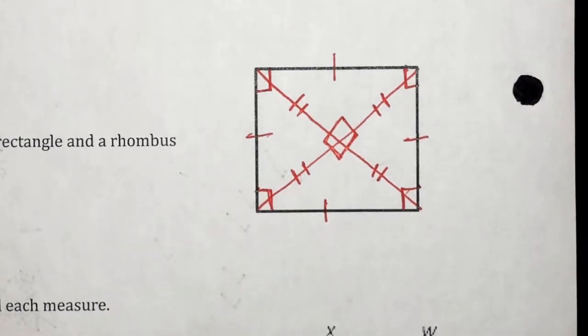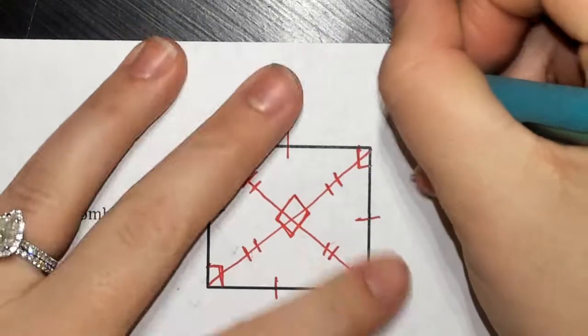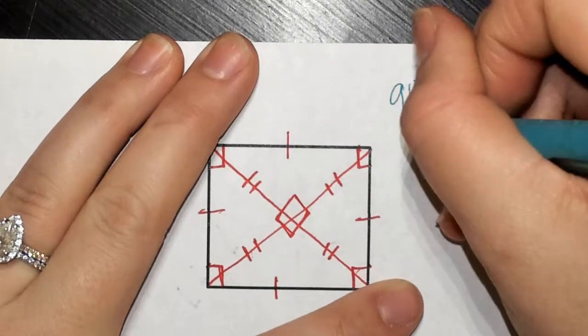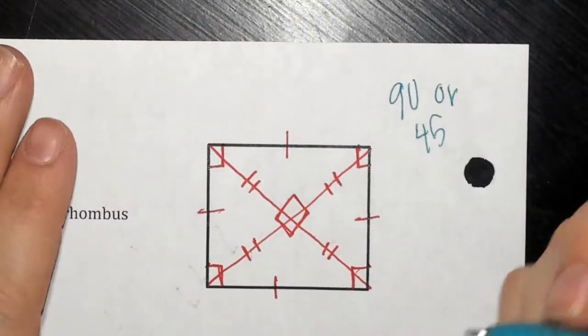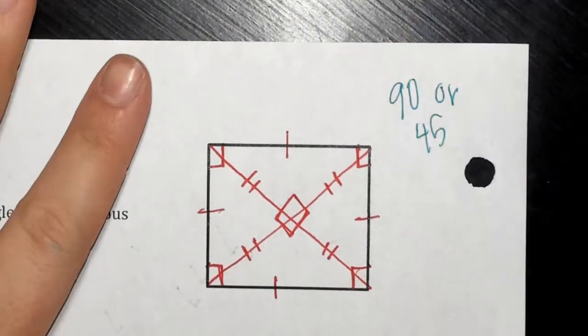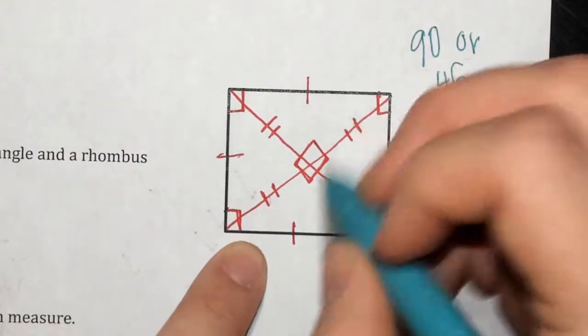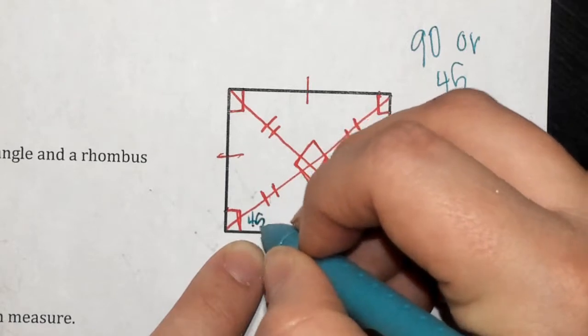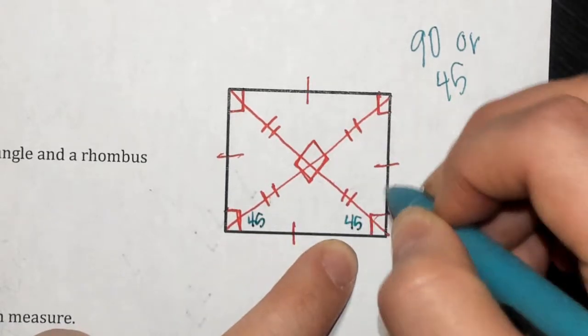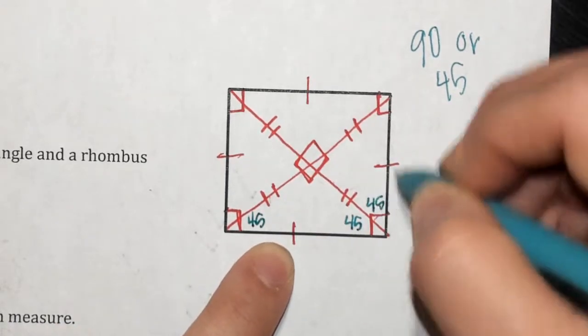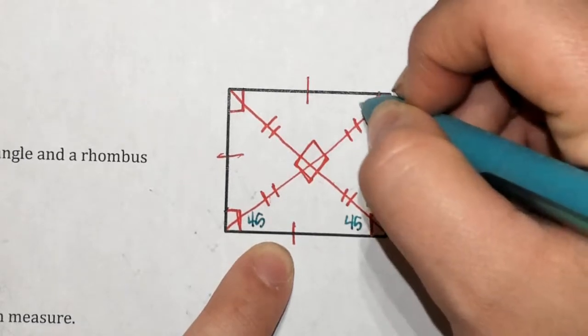Square is my favorite because when you're finding angles, there's two choices only. Your answer is either going to be 90 or 45. That's it. So if it's this angle, it's going to be 90, right? But all of these baby angles are 45. 45, all of them.